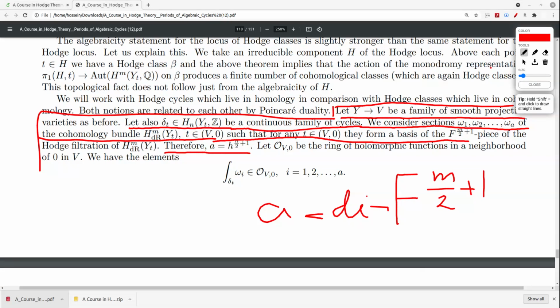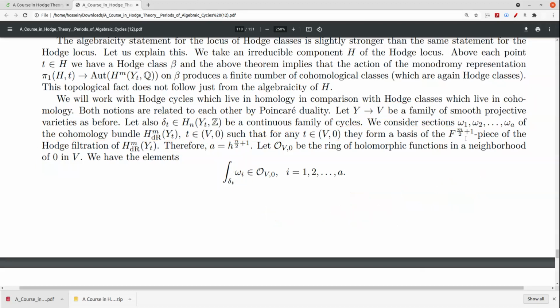So what we do, we integrate all these omega i's over delta t. And the good point is that these functions will be holomorphic functions in a neighborhood of 0 in V.